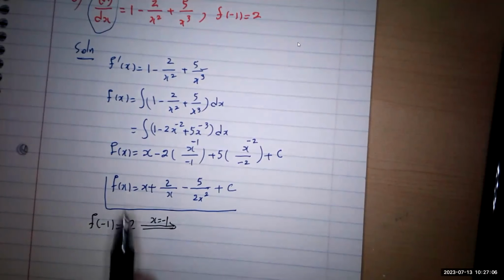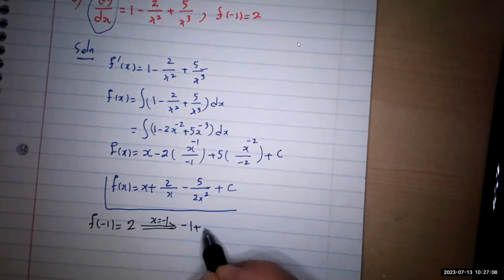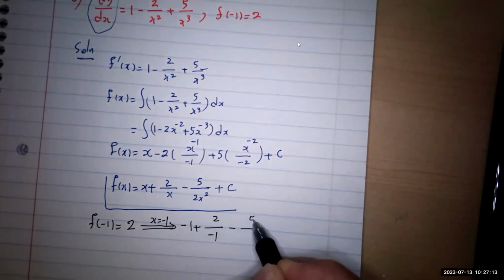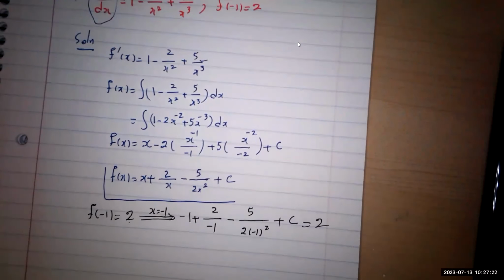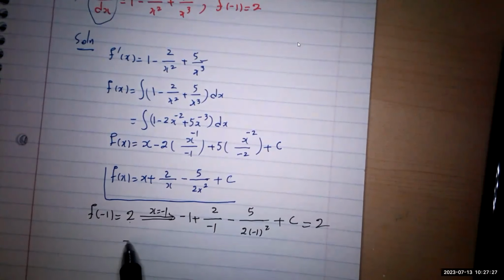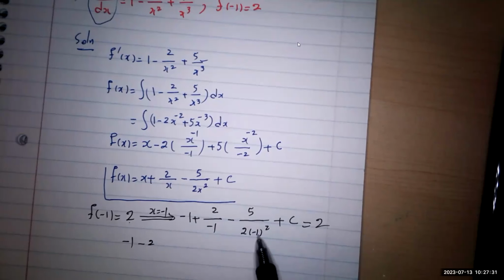So -1, minus 2 over -1, minus 5 over 2 times (-1) squared, plus c, equals 2. That's f of -1. Simplify: this is -1 plus 2, and -1 squared is just a positive one, so that gives minus 5/2, plus c equals 2.